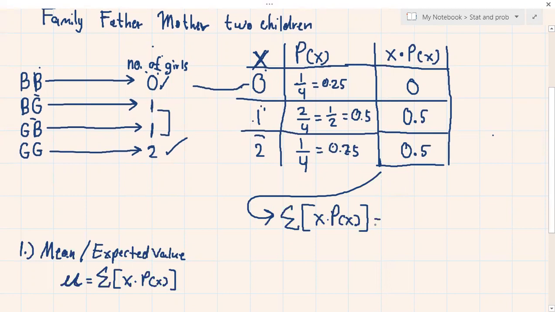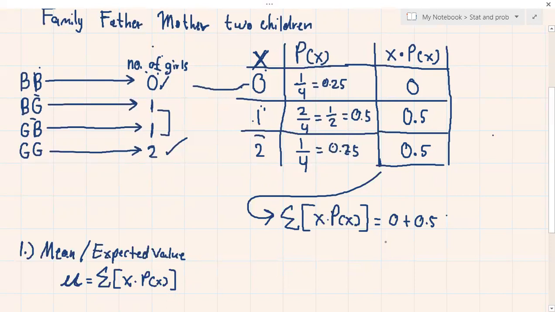Kasi pag in-add natin yan, we will get now our mean or expected value. Okay? So, therefore, kailangan natin i-add tong column para makuha natin si mean. So 0 plus 0.5 plus 0.5, anong sagot? 1.